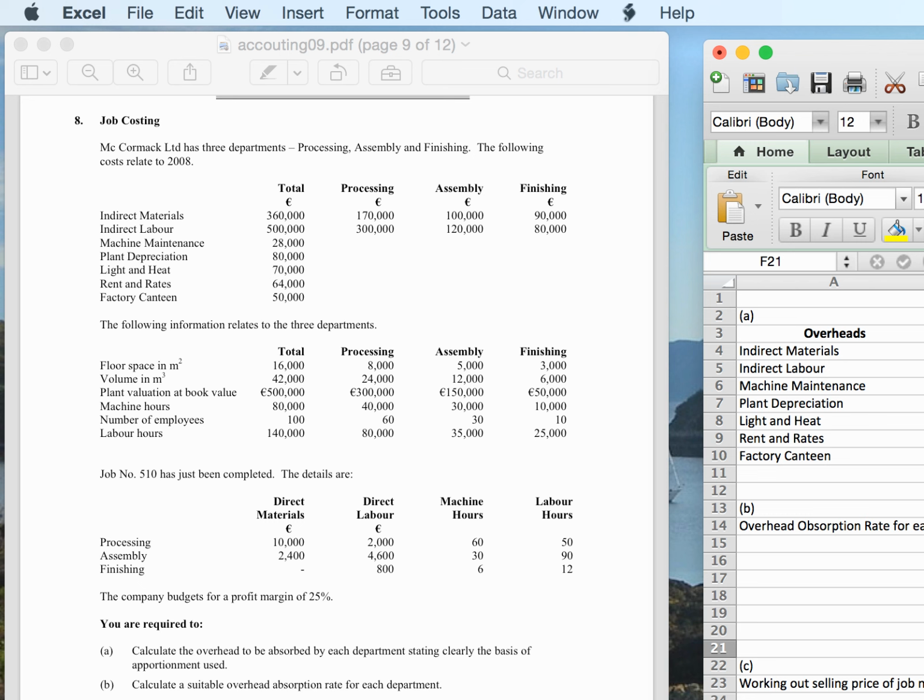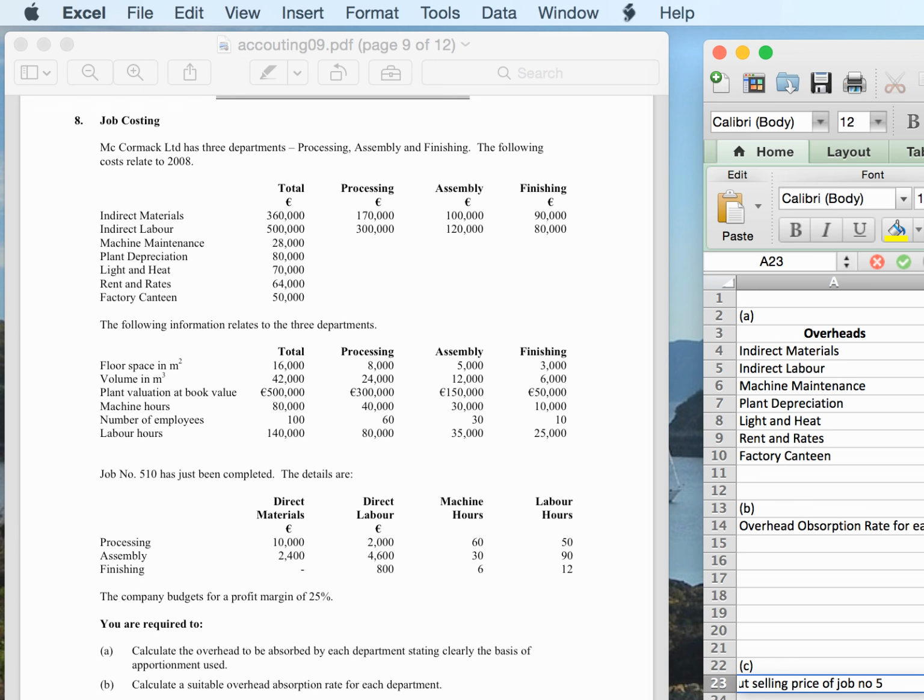The number of machine hours in the assembly department, multiply that by 7.32. And the number of machine hours in the finishing department, multiply by 20.85. That's going to give me how much of all of these overhead figures are going to be shared out to each job.